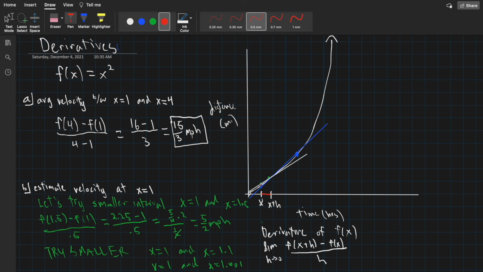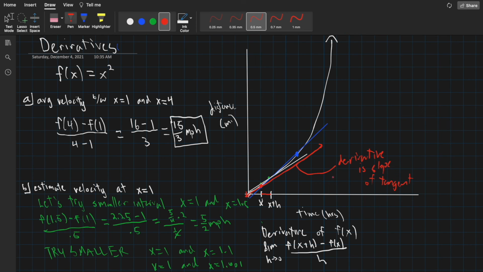So then what our derivative actually is graphically. Ooh, I freehanded that line. That's nice. It's actually going to be the slope of this tangent line. Derivative is slope of tangent line.